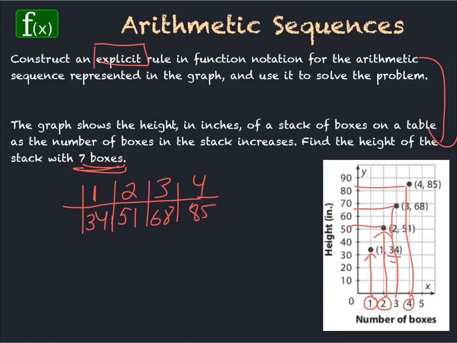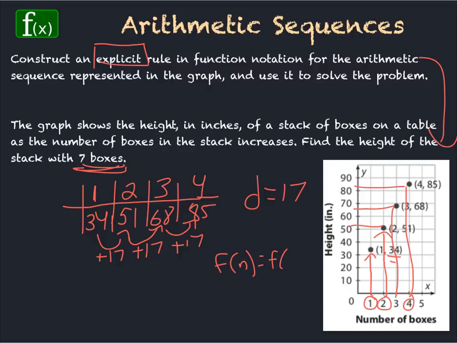Is this an arithmetic sequence? Absolutely. We're doing the same thing every time. We have a common difference. We're adding 17 every single time. So our common difference is going to be 17. Now, how would we write an explicit rule for this? Well, if we use the general shortcut that I gave you a moment ago, remember, to write an explicit rule, it's just f of n equals f of 0 plus the common difference times your position, your input, n.